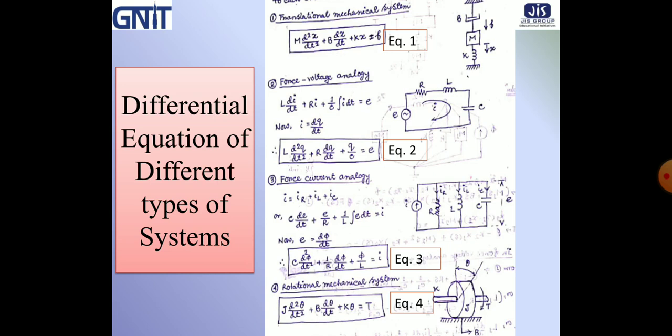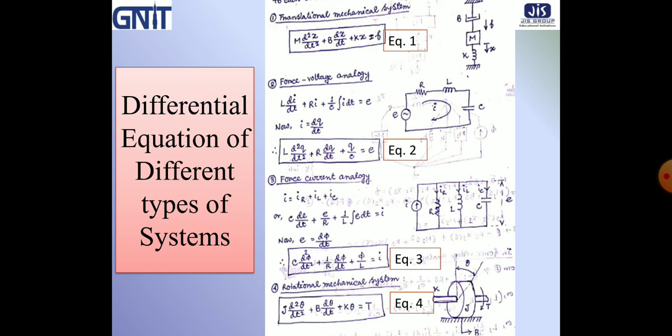So we can write the differential equation, shown in equation number 1, that is small f is equal to force due to mass, that is m d2x dt square, plus force due to damper, that is b dx dt, plus force due to spring, that is kx.